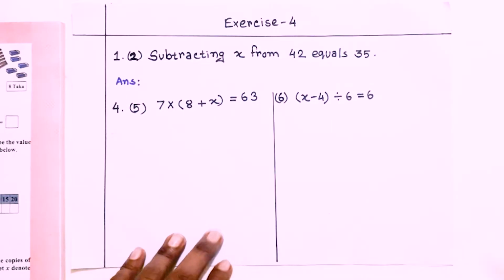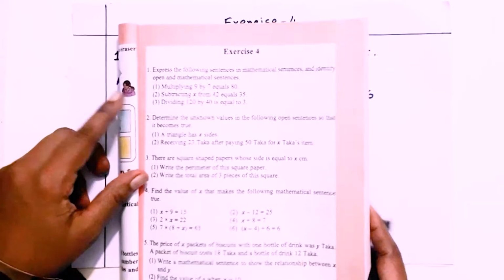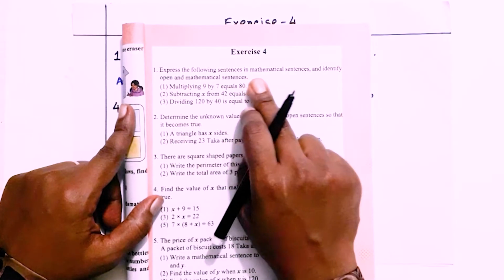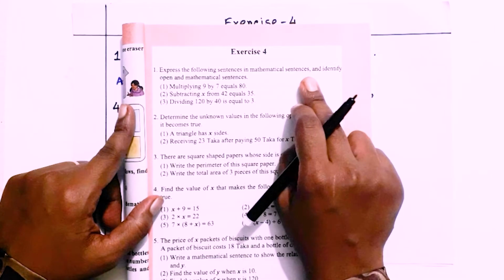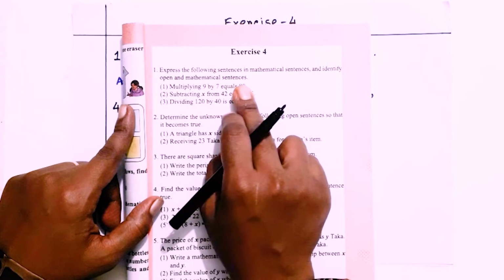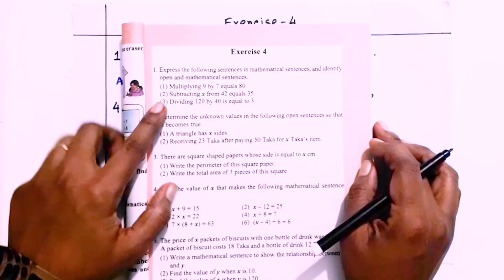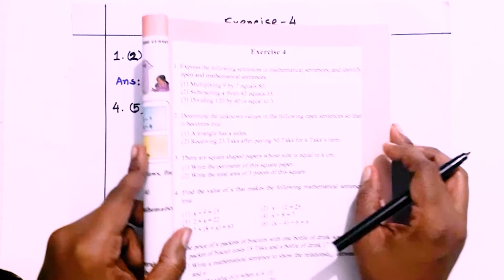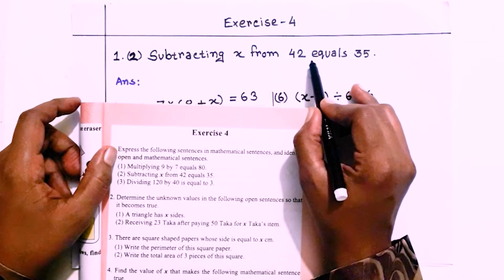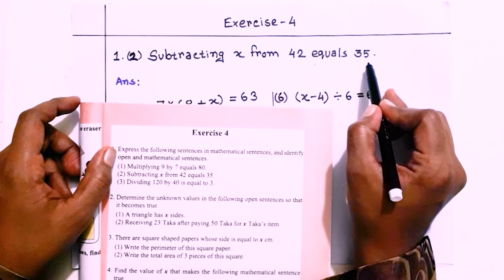Now, students, go to exercise 4. Question number 1 is: express the following sentences in mathematical sentences and identify open and mathematical sentences. Question number 2: subtracting x from 42 equals 35.